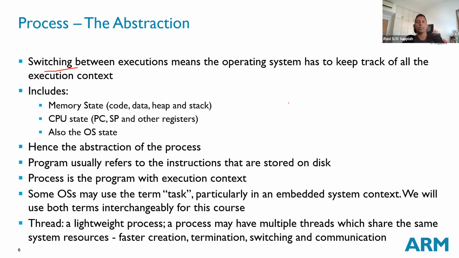That's because the OS is able to keep track of everything that is going on and is continuously switching between various tasks, to make sure the requirements of each task or process are managed correctly. That is what we call the abstraction of the process.